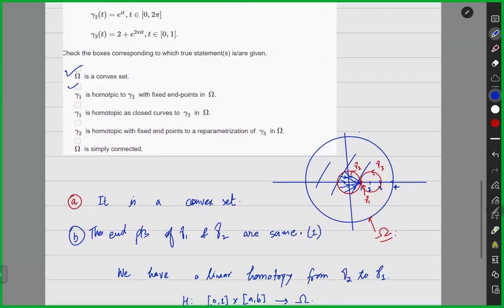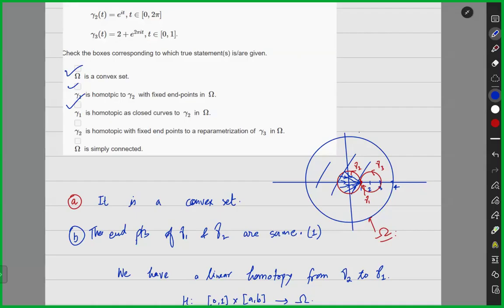What about the third part? Gamma 1 is homotopic as a closed curve to gamma 2 in omega. If they're homotopic with fixed endpoints, they're also homotopic as closed curves. So B implies C is obvious; the same homotopy will be a homotopy as closed curves.